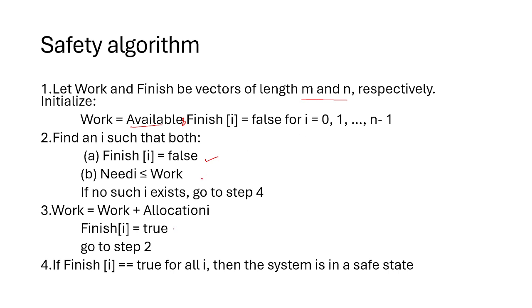So if we find a thread which is not completed, and its current need is less than the currently available resources, we allocate the requested resources to that thread. After allocation, Work equals Work plus Allocation[i]: the already available plus the resources we are releasing, and we update the current available.